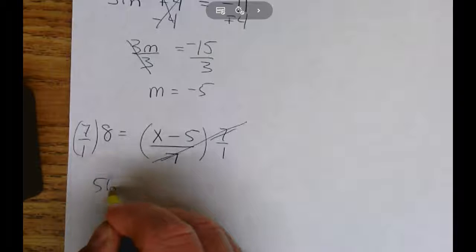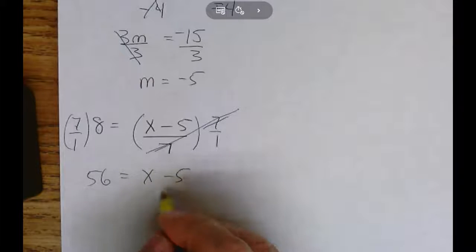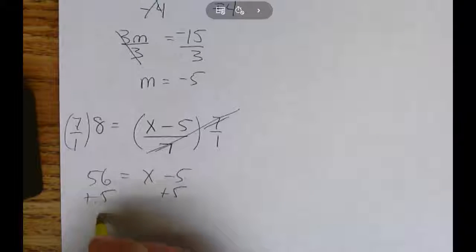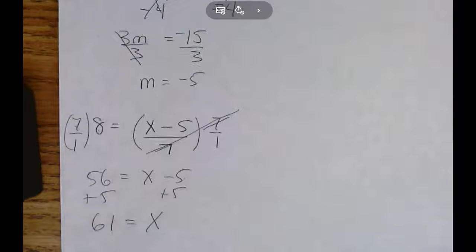This is going to be 56 equals x minus 5. Then with the x minus 5, we're going to add 5. It's going to be 61 equals x. Right? And what's really cool about algebra is that you can plug it in.